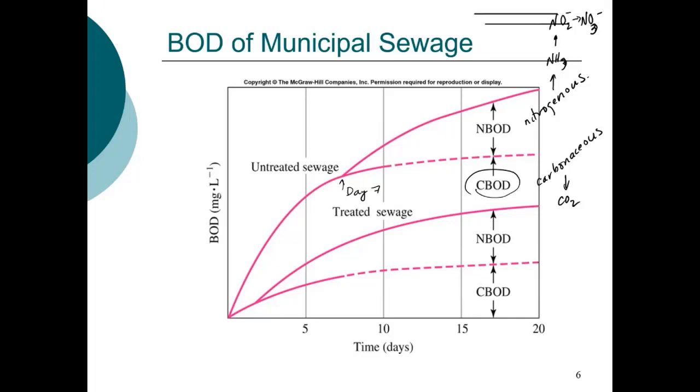Think of it as glucose, and that's degrading to ultimately, in the presence of oxygen, produce CO2. After about 7 days, you start degrading the amino acids and the proteins. So you start degrading the nitrogenous material.